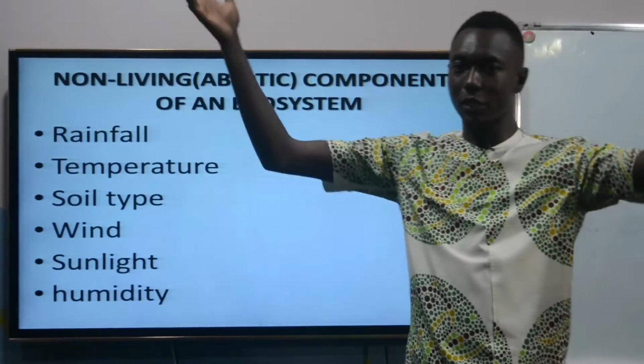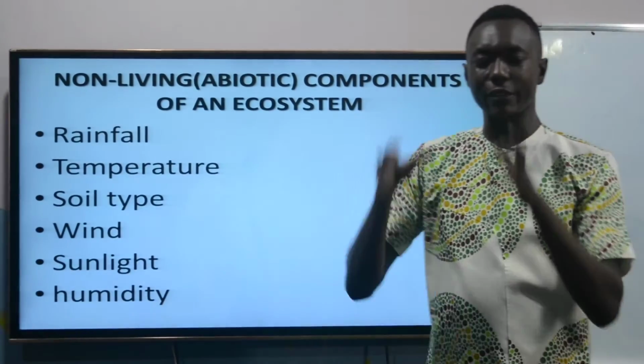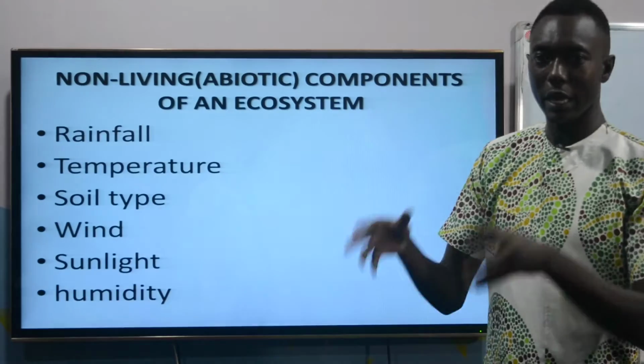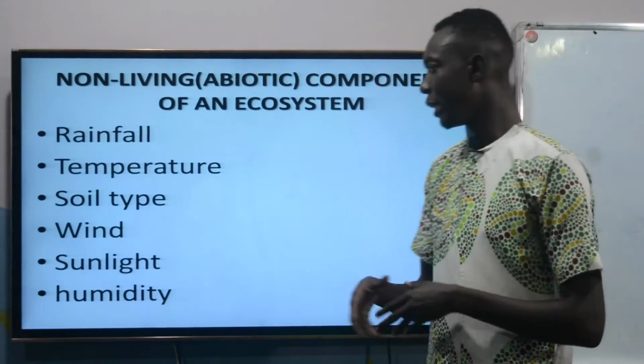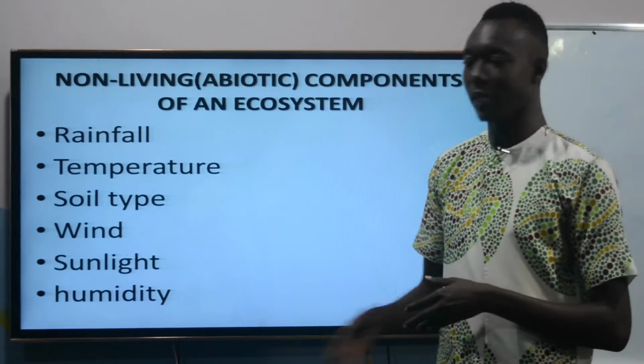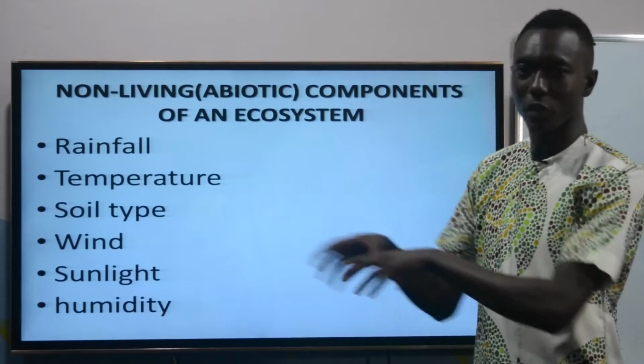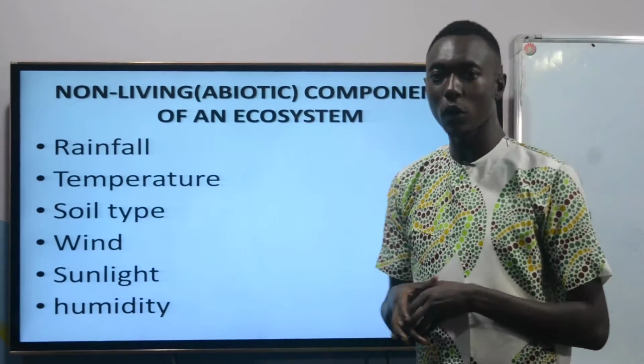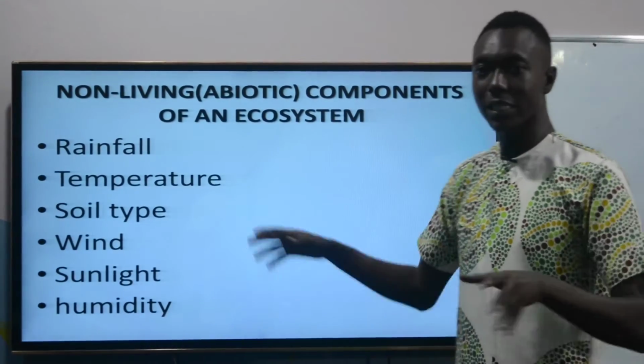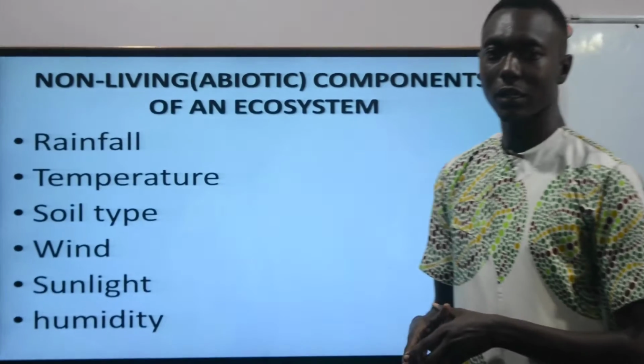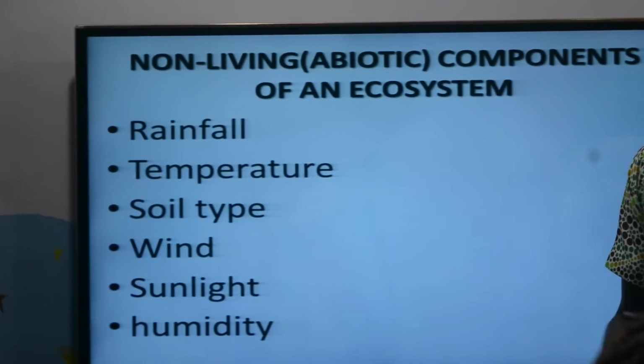You see, rainfall is not a living thing, yet it forms part of our ecosystem. They have a role they play. Temperature has a role it plays. Soil type, the type of soil, also plays a role in an ecosystem. Yet, all these are non-living things. Good.